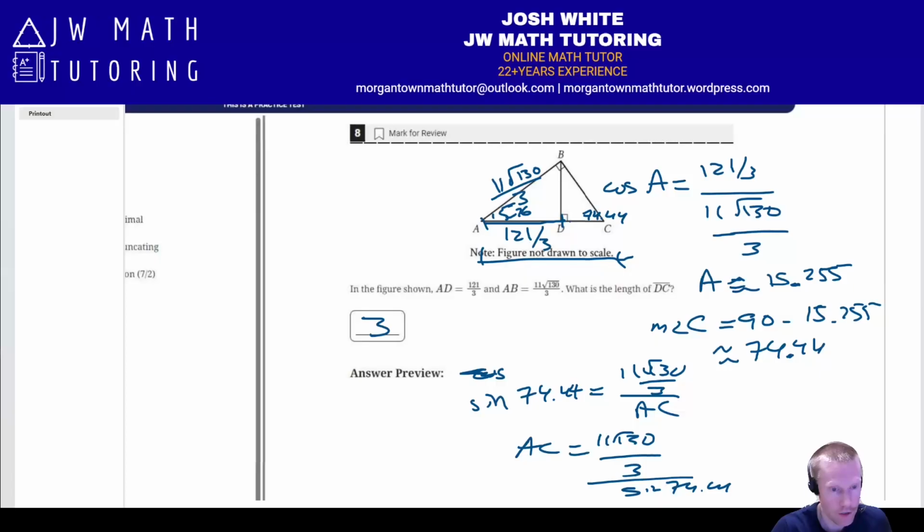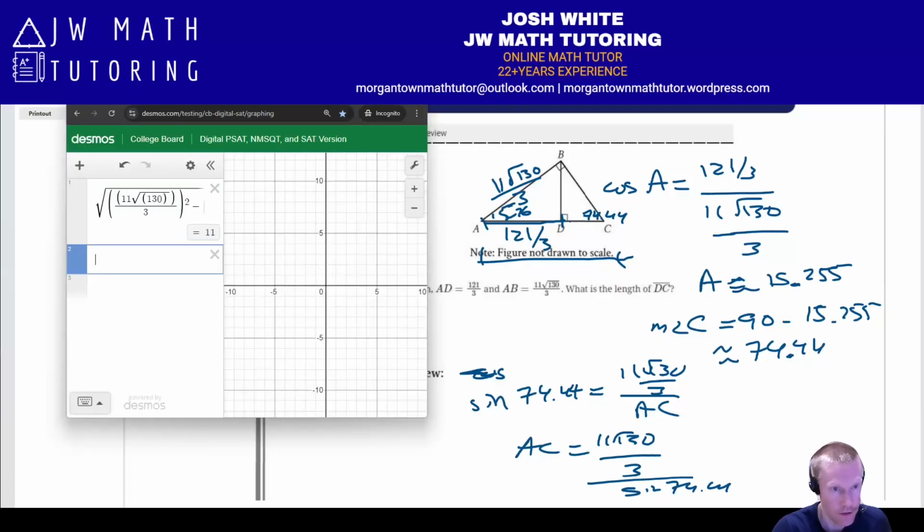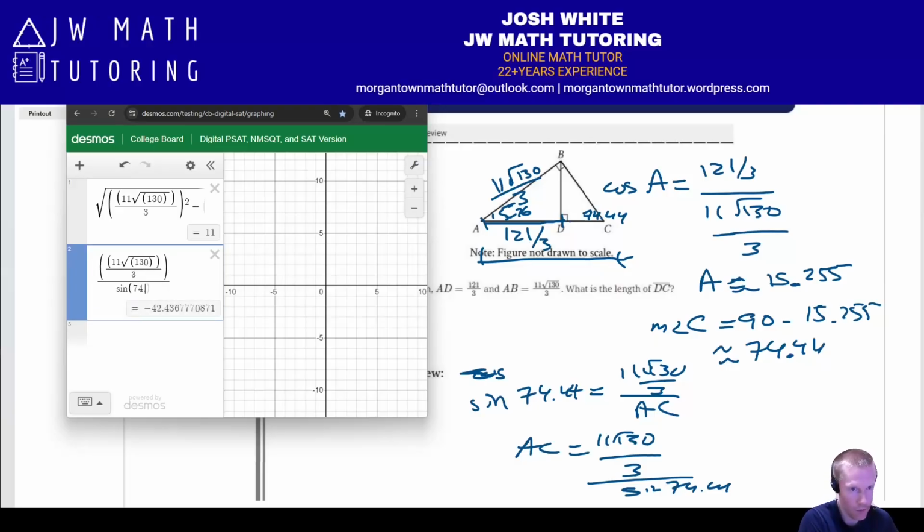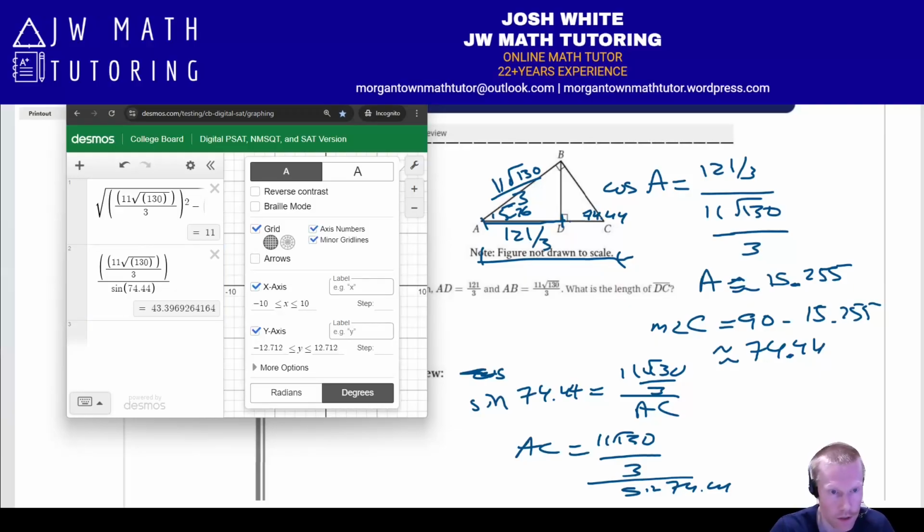So if you punch that into a calculator, we have that, and now divided by sine of 74.44. Let me just make sure I am in degrees mode.